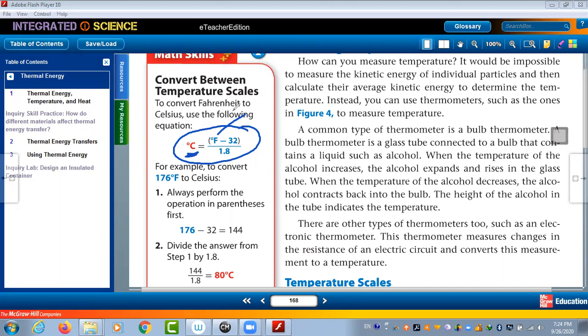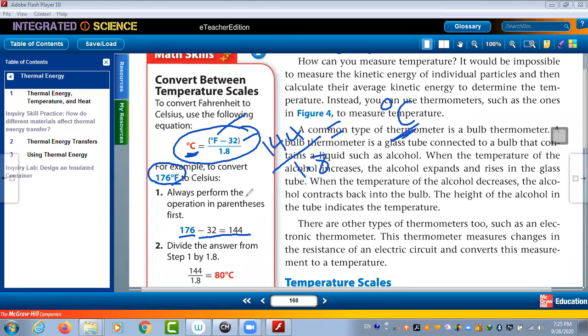For example, to convert 176 degrees Fahrenheit to Celsius, we have a subtraction operation inside brackets, so do this first: 176 minus 32. The answer is 144. Then divide 144 by 1.8. You will get your result, and don't forget to put your number in degrees Celsius.